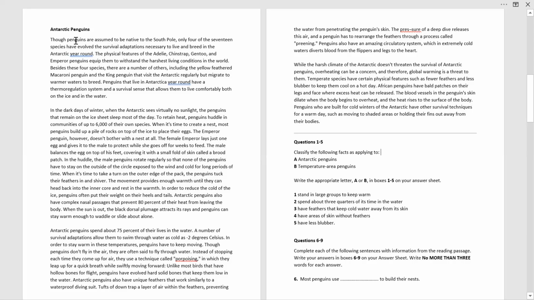So first let's see, Antarctic penguin is the heading, then temperate area penguins. So let's see, first where they are talking about Antarctic penguins. So start reading here.